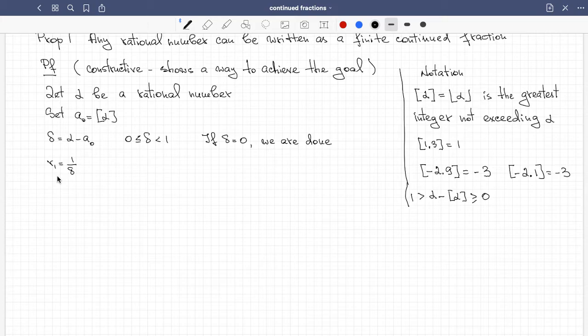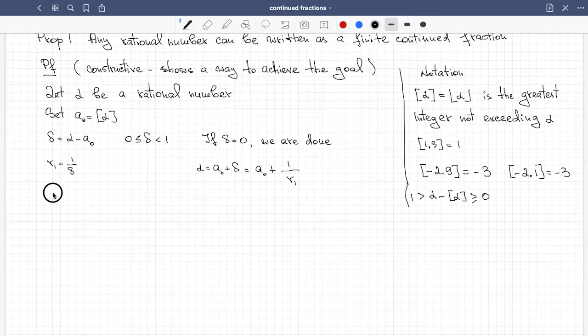Indeed, we have alpha is A0 plus delta. Of course, alpha is A0 plus delta. And this is same thing as A0 plus one over R1. That's the first remainder. All right.